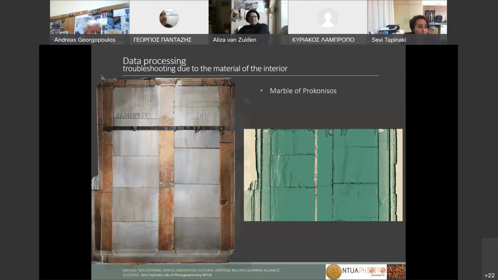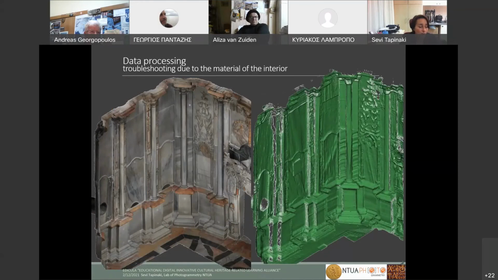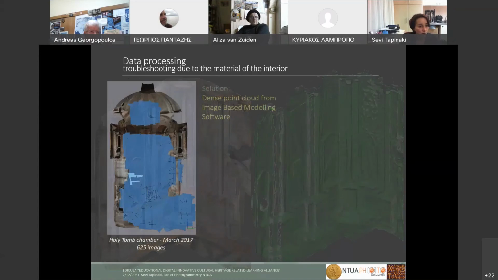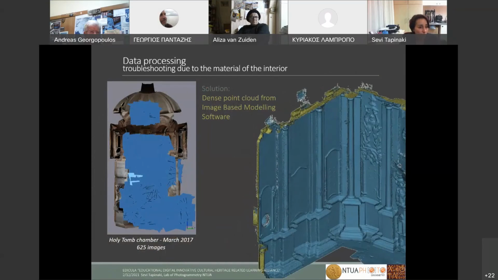And here is another view where we can see clearly the problem. The solution was the dense point cloud from the image-based modeling software. And we can see here that in this point cloud, the surfaces are correct.